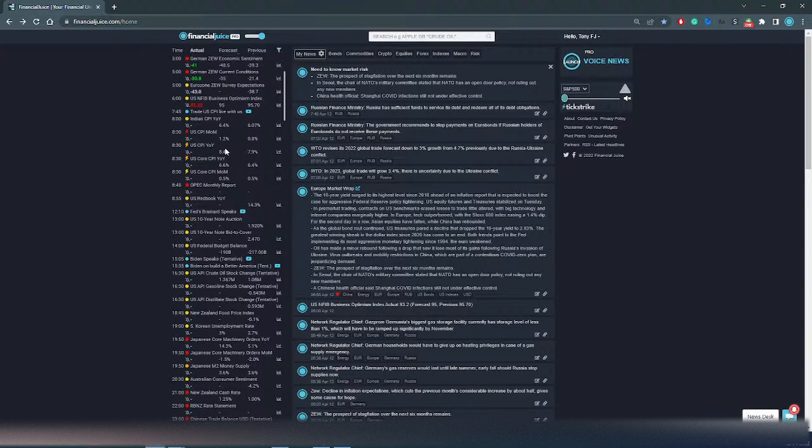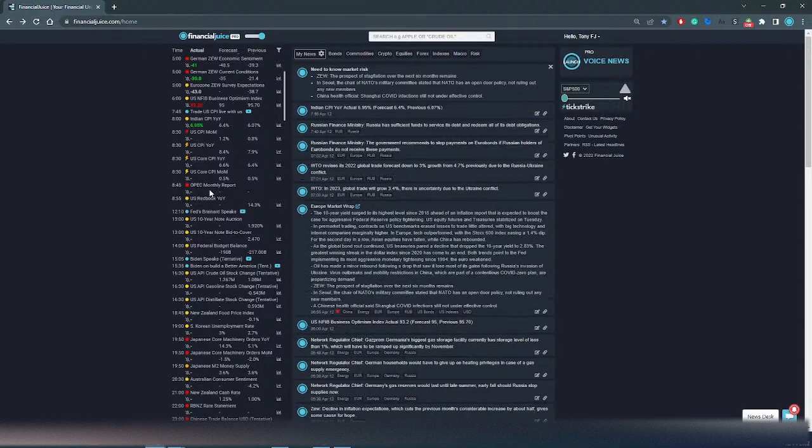So 8.4% is the forecast there. Core CPI year-on-year forecast 6.6% with a prior of 6.4%. Core CPI month-to-month forecast 0.5%, unchanged from the prior of 0.5%. Bearing in mind, we'll also have the OPEC report later on, but the CPI release will happen, and then we'll get the rest of our data.